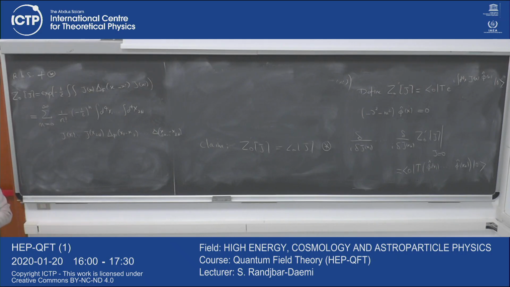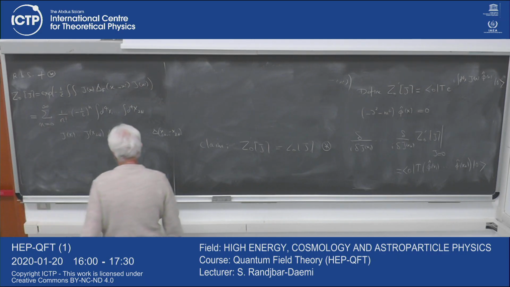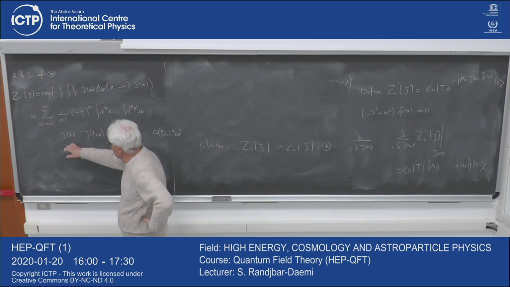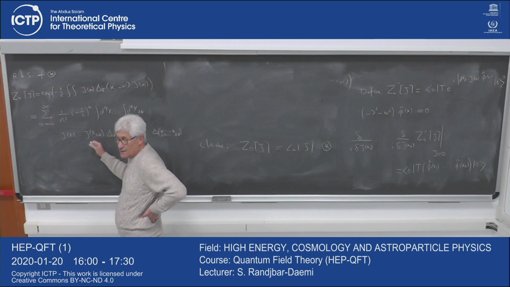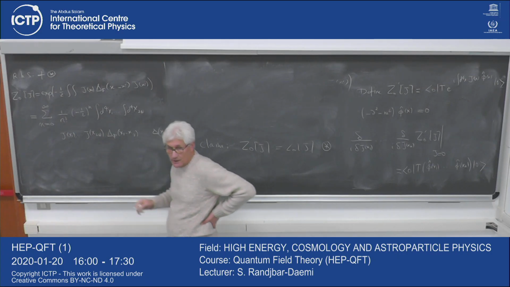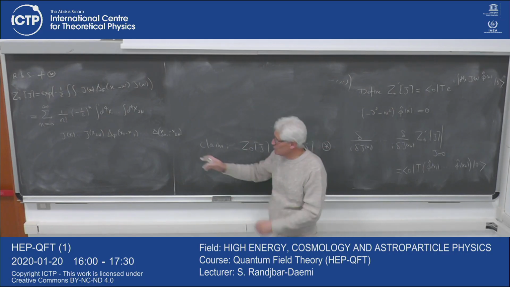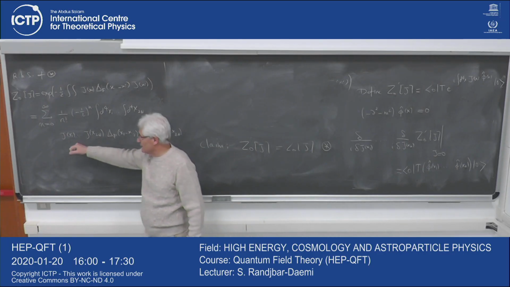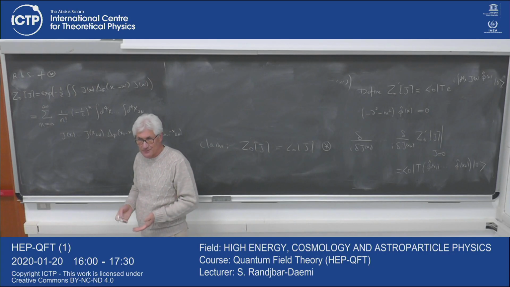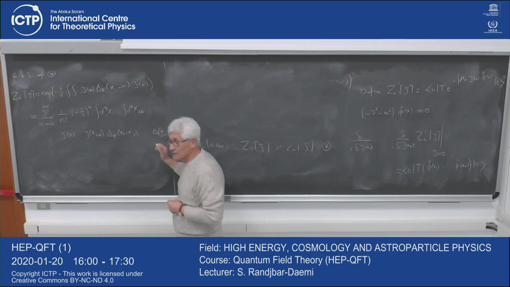Okay? Now, something happens in the integrand. What happens is that the J's are symmetric under the exchange of x1 to x2n. No matter which permutation of these objects you take, it's the same thing. It's a product of the same function. But the coefficient is not.